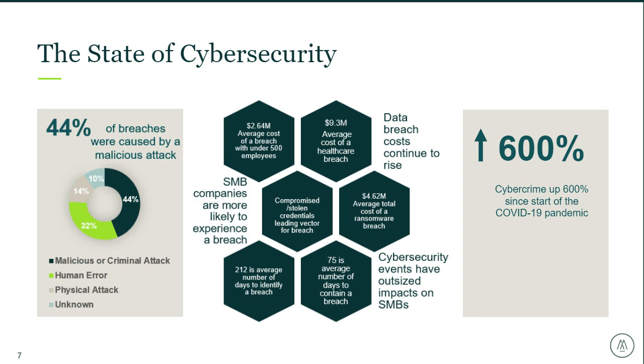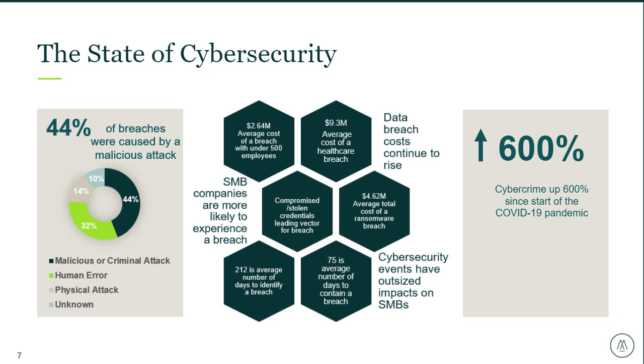Similar are the costs of a ransomware breach, which has an average total cost of $4.6 million. So whether it's another type of breach or just ransomware, these incidents can cause major financial implications to an organization.